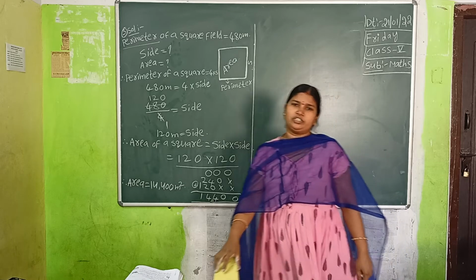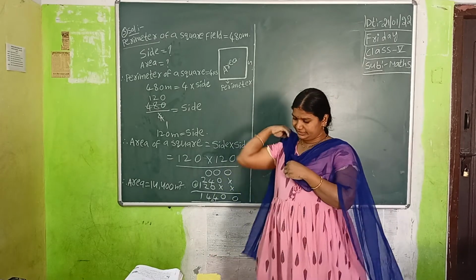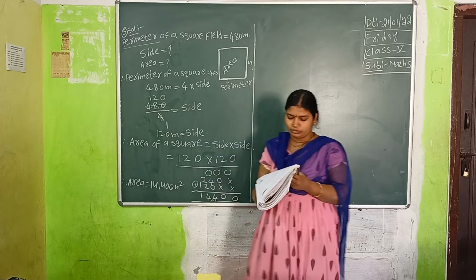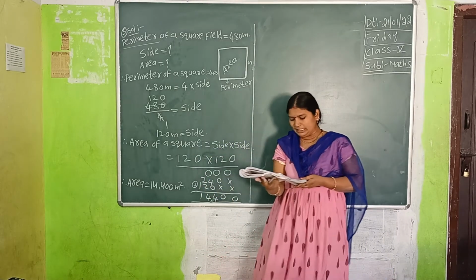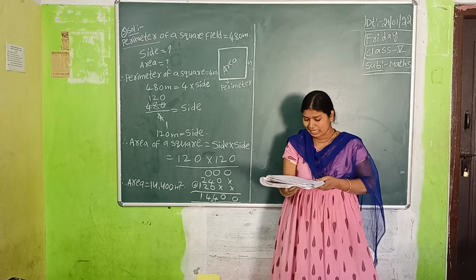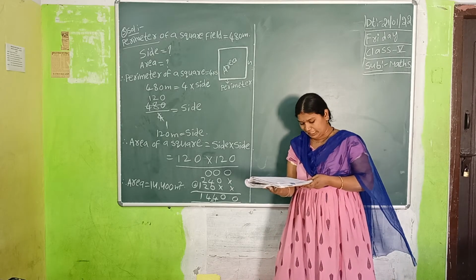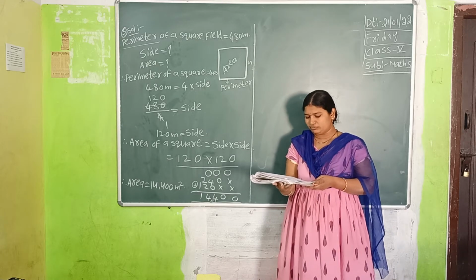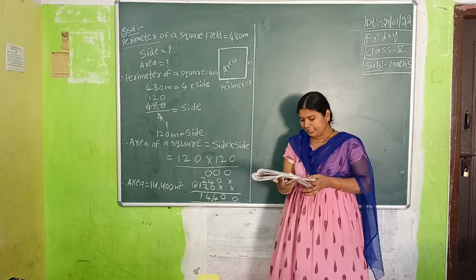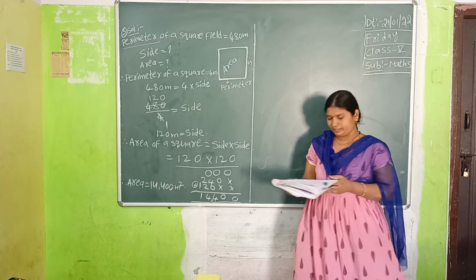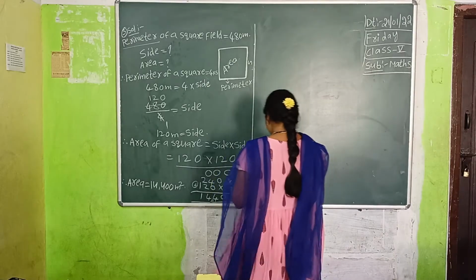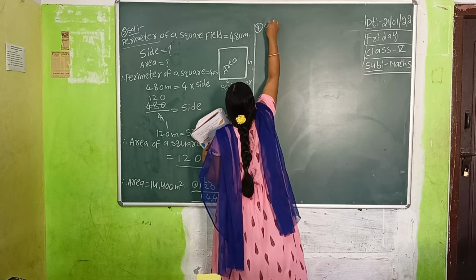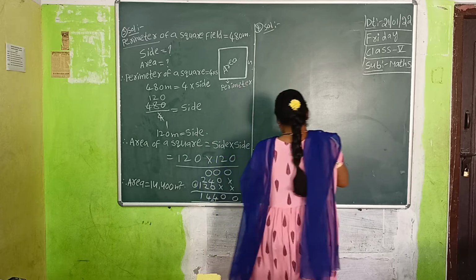I think did you understand the third problem, children? Yes. Now see the fourth question. Senior group ones. What will be the cost of mowing grass in a rectangular field 240 meters long and 120 meters wide at 10 rupees per square meter? Okay. First of all, draw the figure of the given rectangular field.